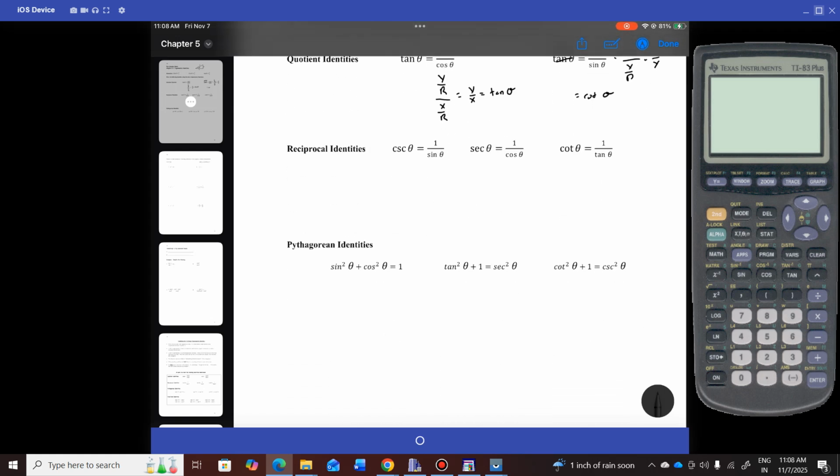All right, we're going to show that cosecant theta is 1 over sine.